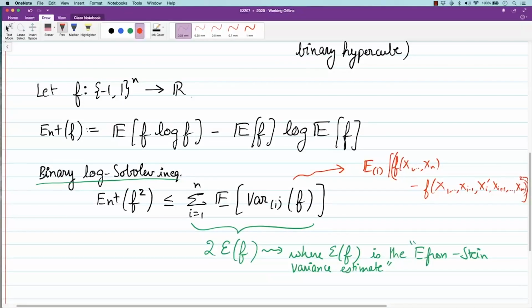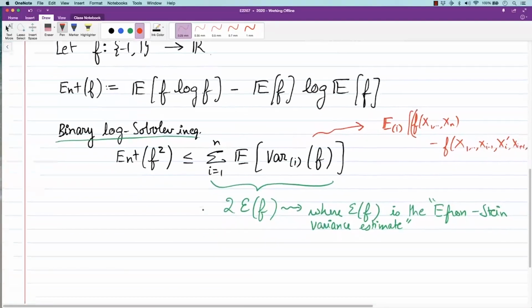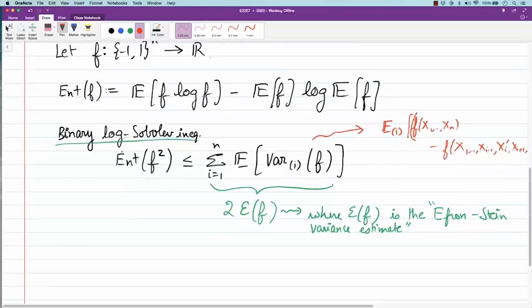This is exactly what the variance is given all the other entries. So that's what this binary log-Sobolev inequality will show, that the entropy of f square is less than this.